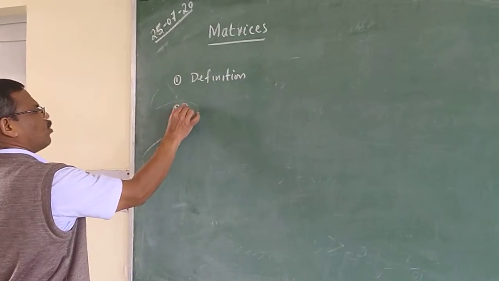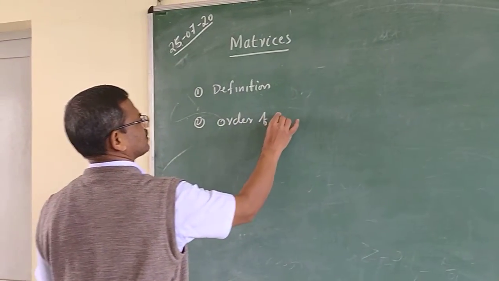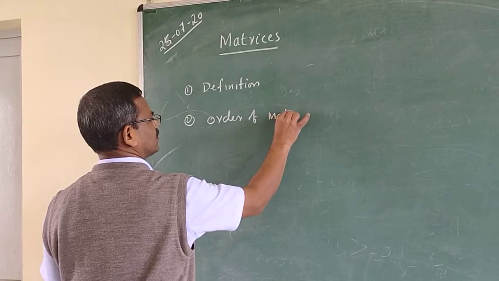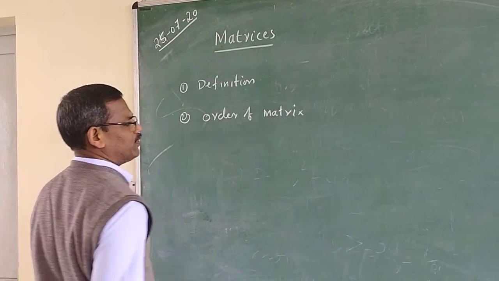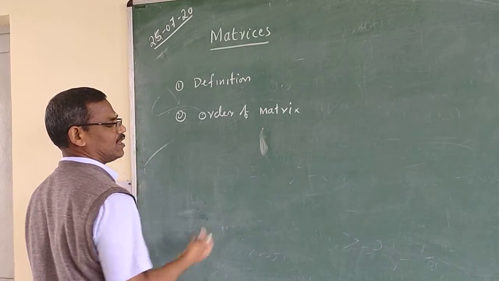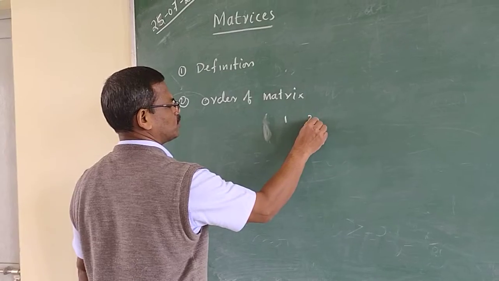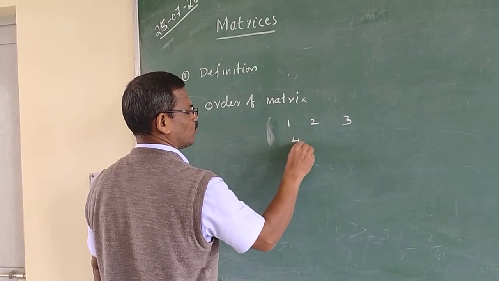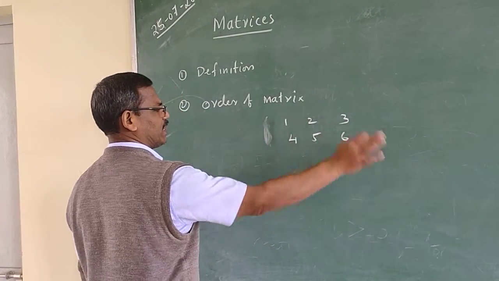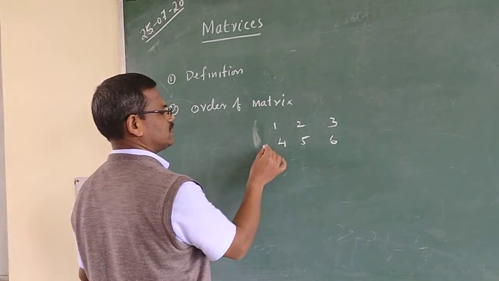And then it is the order of a matrix. When you arrange numbers in rows and columns, say 1, 2, 3, 4, 5, 6, I have arranged 6 numbers in 2 rows and 3 columns.